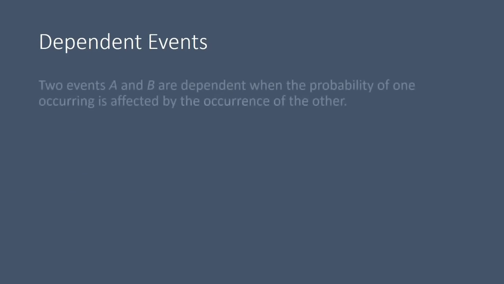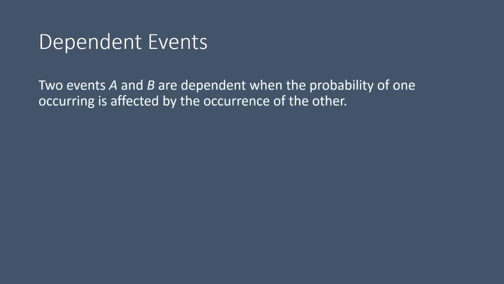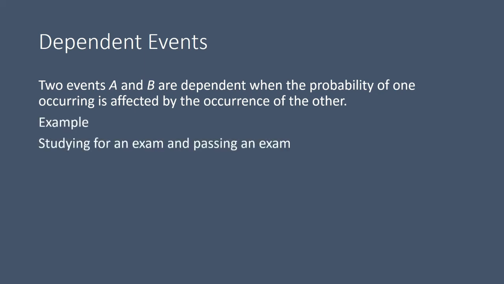Dependent events. Two events A and B are dependent when the probability of one occurring is affected by the occurrence of the other. Example: studying for an exam and passing an exam. The probability of you passing an exam depends on the event of you studying or not studying for that exam.